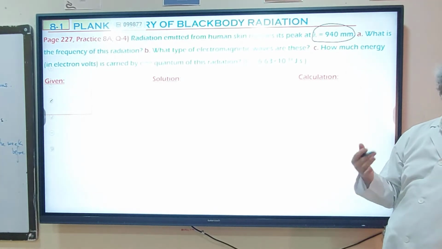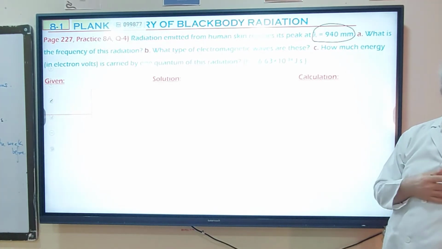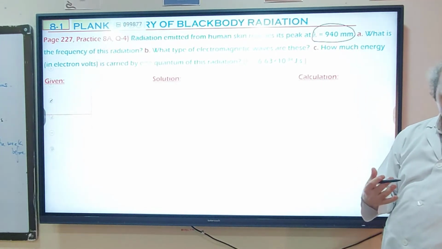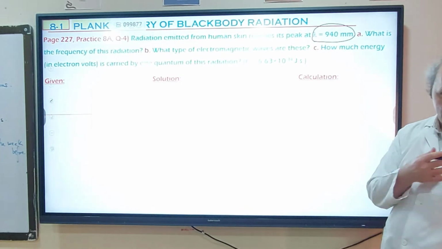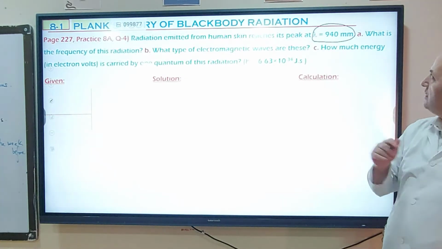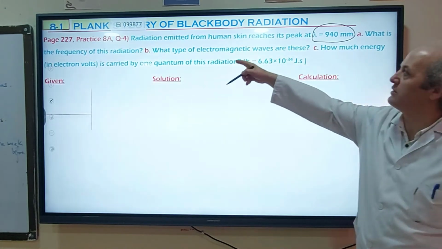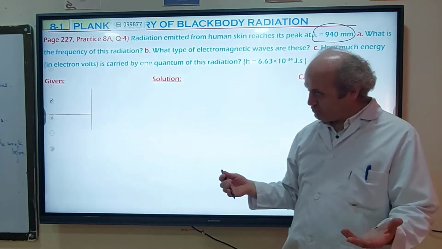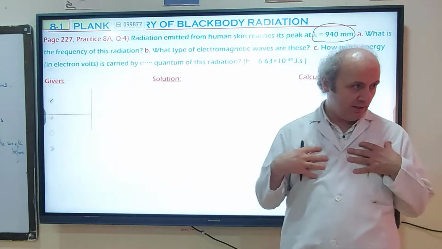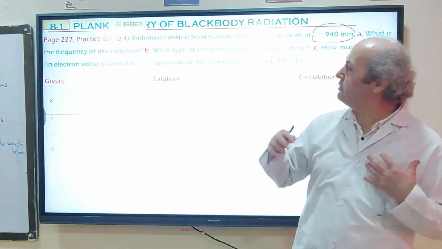These longer wavelength radiations emitted by human bodies are called infrared. All hot objects emit invisible radiation called infrared, and our body also emits infrared. In part B, they are asking what type of electromagnetic waves these are. Electromagnetic waves emitted by the human body are infrared radiation.